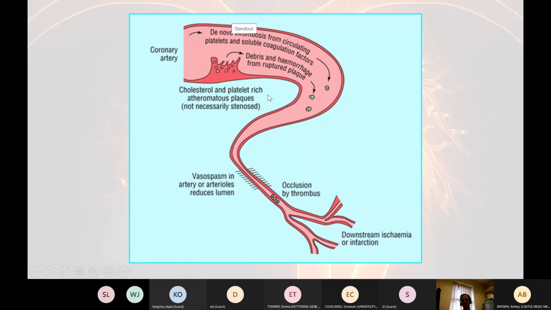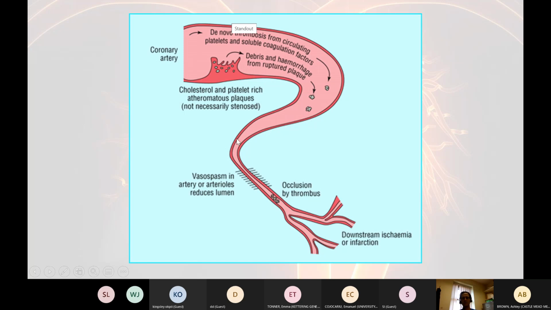Now, it's very rare to have a partially occluded artery not cause a troponin release. So if you imagine a blood clot forming here, it might only 50% block the artery and might not be enough to cause symptoms, but bits tend to go further down, and the coronary artery vasculature is a bit like a tree.